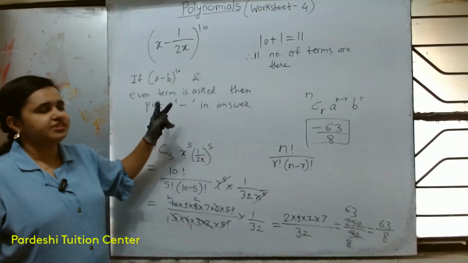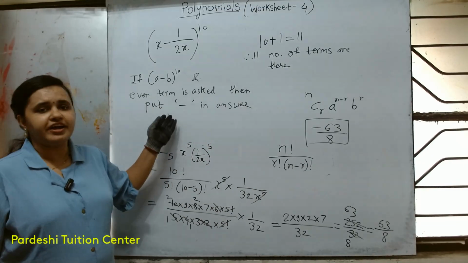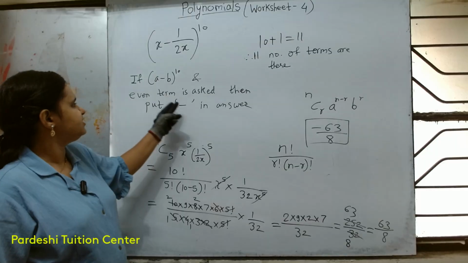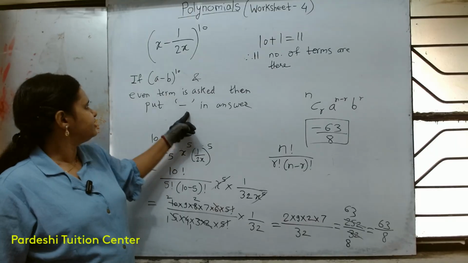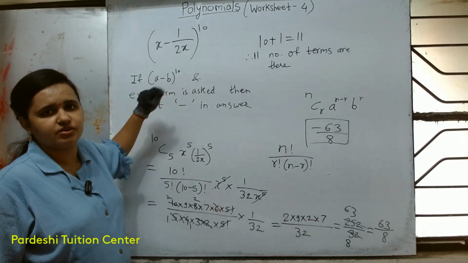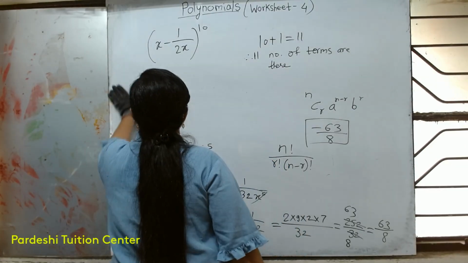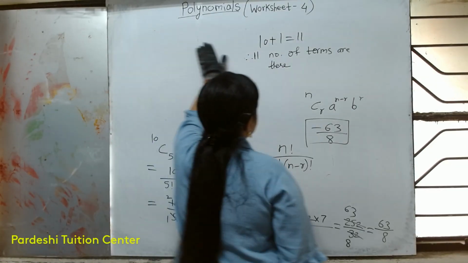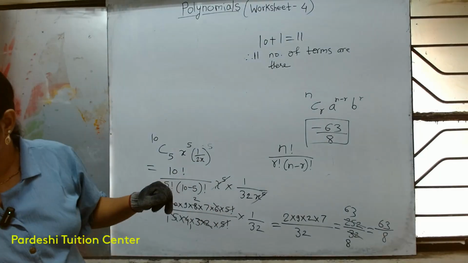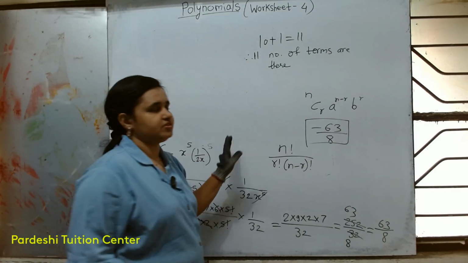If an odd term is asked, you don't have to put anything. If an even term is asked, you have to put minus here, only if it is minus in the expression. So our answer is minus 63 upon 8, that is the fourth option, okay.